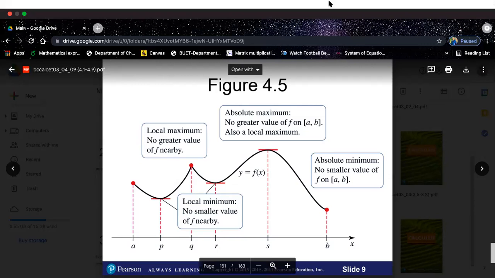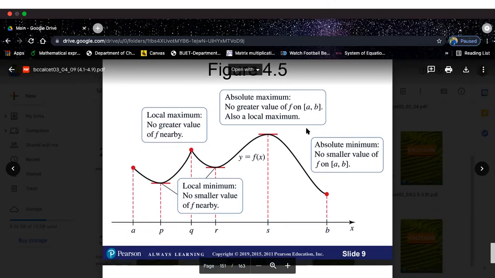So we could say a local maximum. We could try to define a local maximum. Now you might be wondering, what is that? What is a local maximum? So if you eyeball a graph, let's say a graph like this, you will see several ups and downs. You'll see several changes of direction.